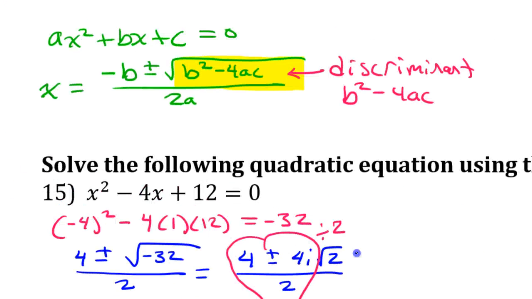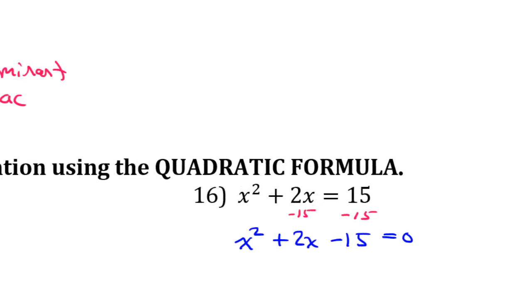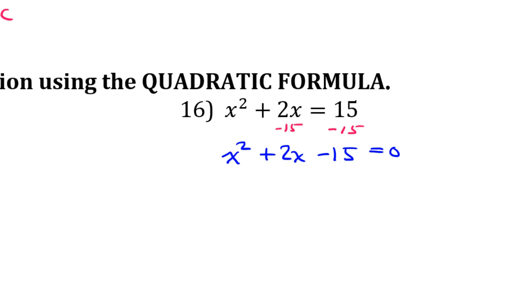So now it is time for the discriminant, b squared minus 4ac. You always do that first. So b squared, so that's 2 squared minus 4, a is 1, c is negative 15. Not positive 15, negative 15. So this is the discriminant.